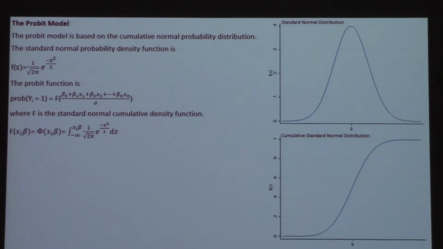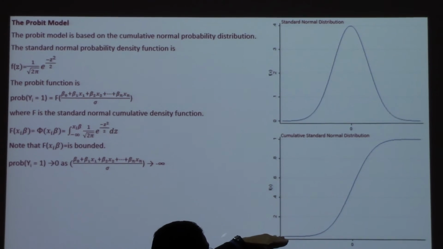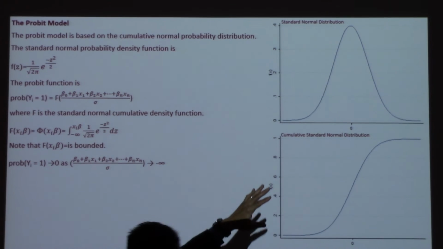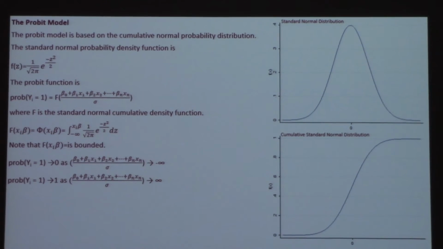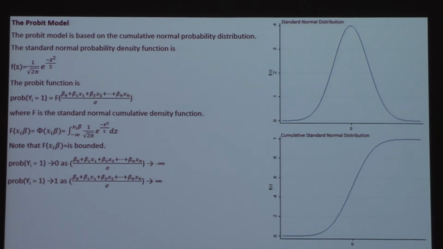And the reason we're going to use this is that it's bounded. And again, mathematically, as the probability goes to 0, it's never going to go below 0, and the probability is never going to go above 1. So we're either going to approach 0 or we're going to approach 1. So that's nice. So we're no longer going to potentially have nonsensical results.